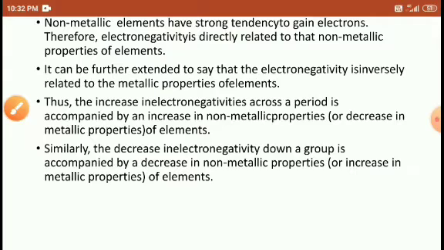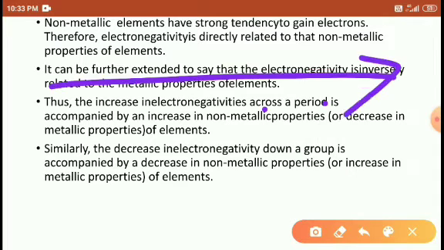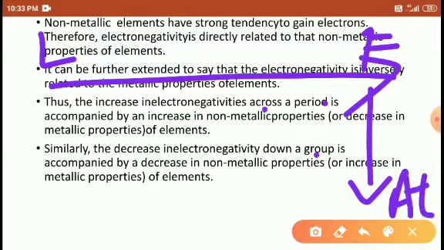Right, students? Thus, the increase in electronegativity across the period is accompanied with increased non-metallic property. So here electronegativity increases across the period from lithium to fluorine, right? And similarly electronegativity decreases down the group, from fluorine to astatine. When you move to astatine, electronegativity decreases here. Fluorine is highly electronegative and in the same halogen group, same family, astatine has the low electronegativity.